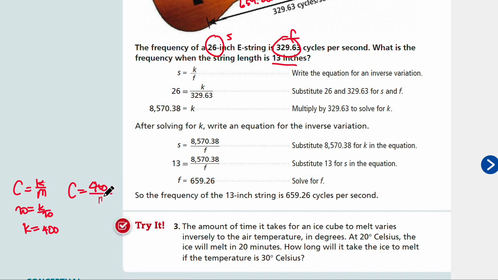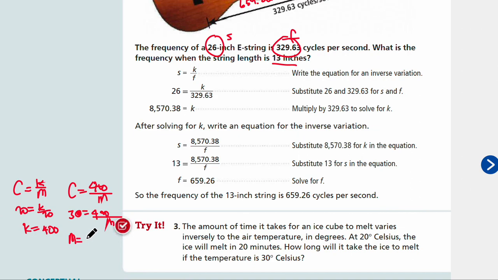So your equation could be C is equal to 400 over M. Now we have the equation, we can figure out the time it'll take the ice to melt when the temperature is 30 degrees Celsius. So when it's 30 degrees Celsius, you can solve for m.